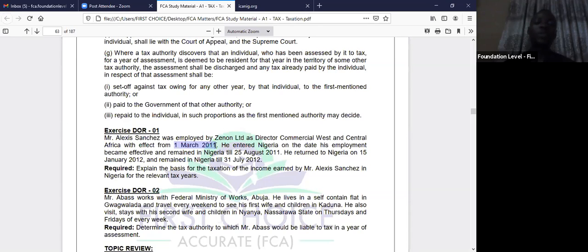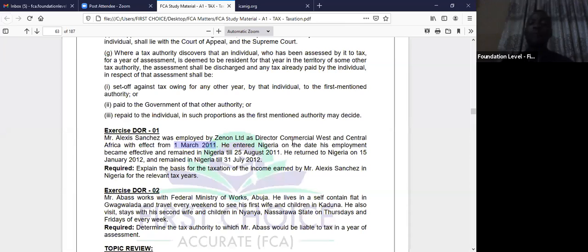He becomes resident in Nigeria whenever he stays up to 183 days, between January 1 or that March 1, which is relevant to him, and December 31st, because the year of assessment is 12 months, January 1 to December. So let's look at it.